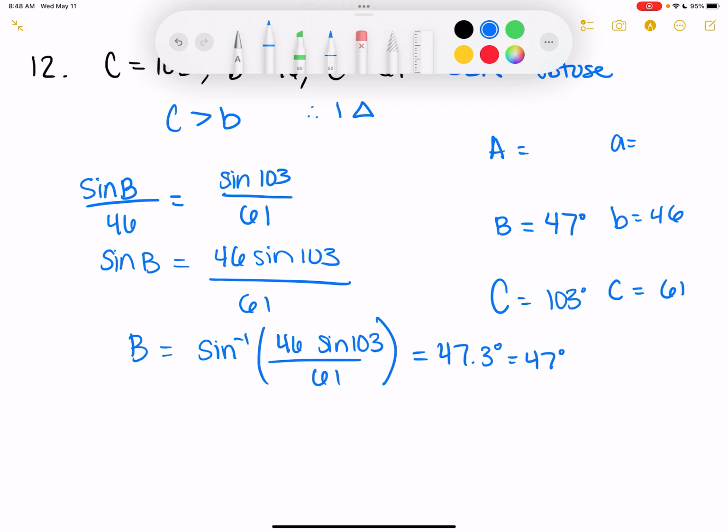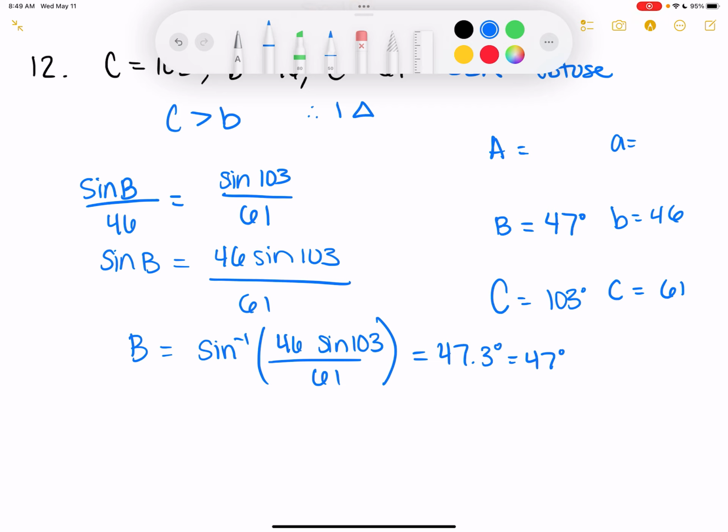When you hit the sine, you have the 103, and then you have to close the 103 parenthesis, but not the whole parenthesis. Oh, okay. I know what you're saying now. I thought you were talking about closing the top, and if you do that, it's not going to give you the right answer. I just didn't do that for 103, so it kept saying error. Gotcha.